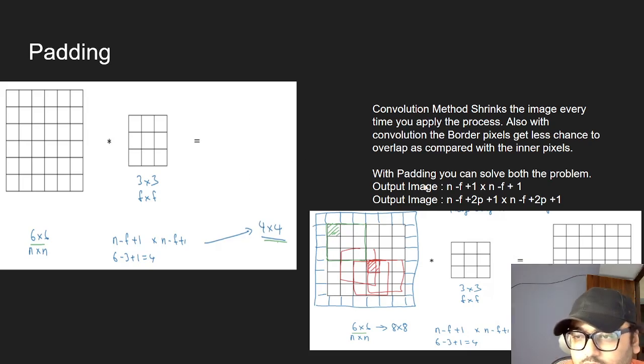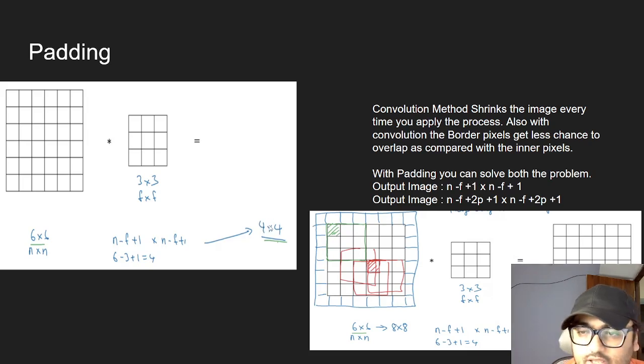Then your output image without applying padding will be n minus f plus 1 times n minus f plus 1. So for a symmetric image that has the same pixels on both sides, say 6 cross 6, your output image with a 3 by 3 filter is 6 minus 3 plus 1, that means 4 cross 4.